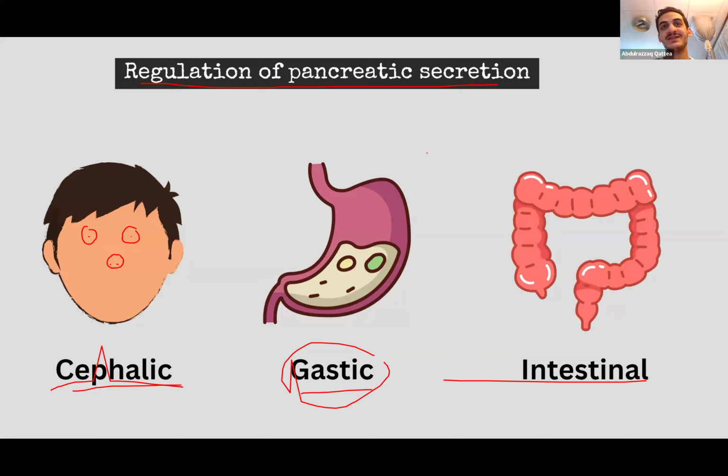Why do you think the pancreas secretes a significant amount of enzyme when the food reaches the intestine? Link the things with the intestine.